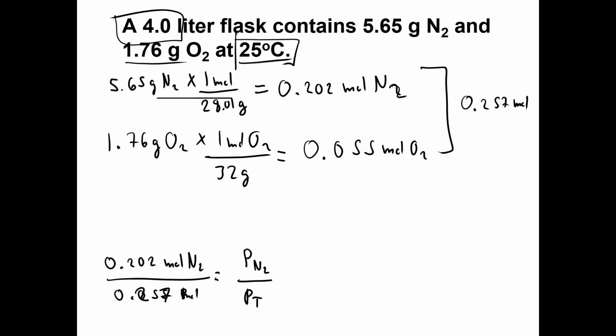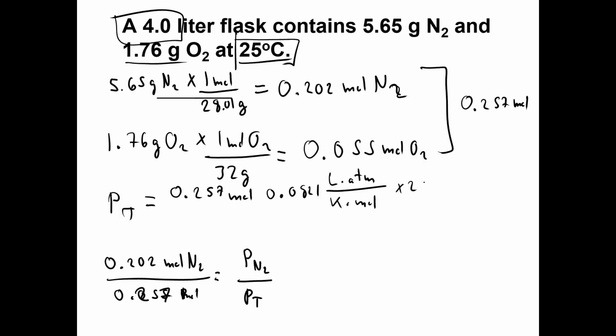All right, so I can get the total pressure by using PV equals nRT. So P total equals 0.257 moles times 0.0821 liters times atmospheres per degree Kelvin per mole times 298 degrees Kelvin, right? 273 plus 25, that just converts to Kelvin, divided by the 4 liters.